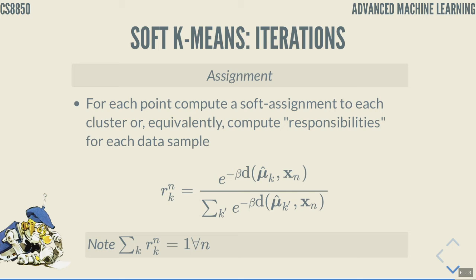For each point, we compute a soft assignment to each cluster, or compute responsibility for each data sample. This is our distance function, and this is the distance for this point to every mean, all of the centroids. This is just the distance to the current centroid. What does it remind you of?